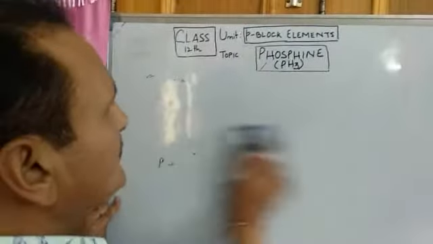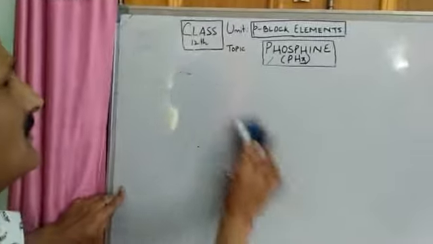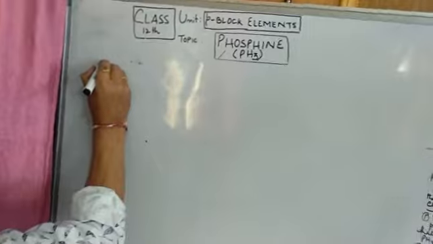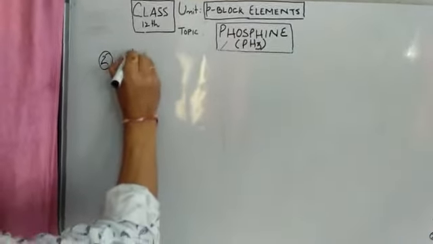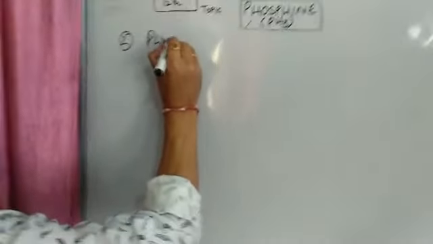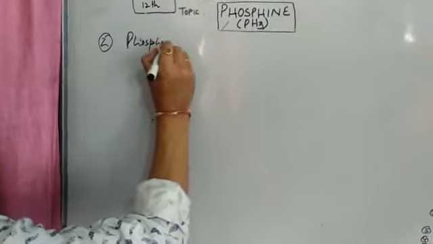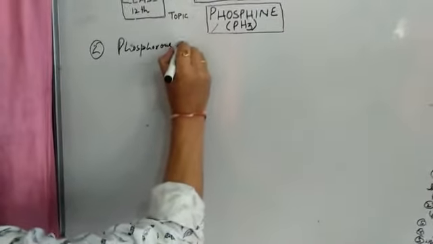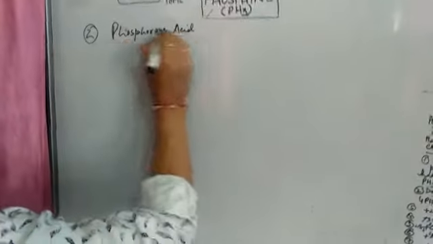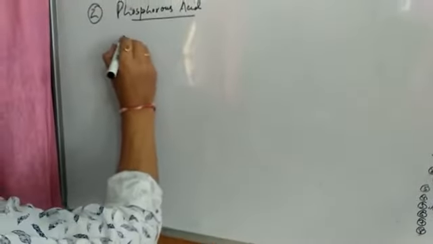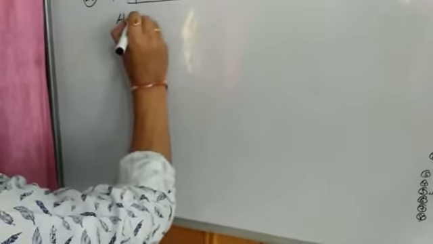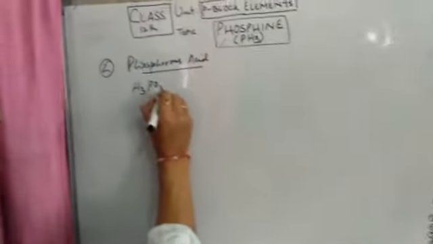Let me come to the second method. In the second method, we can prepare it from phosphorous acid. What we do, we take phosphorous acid, H3PO3.